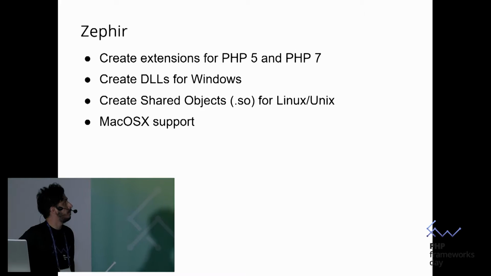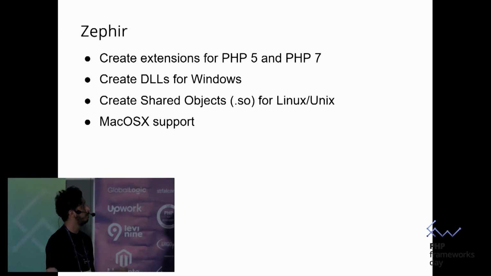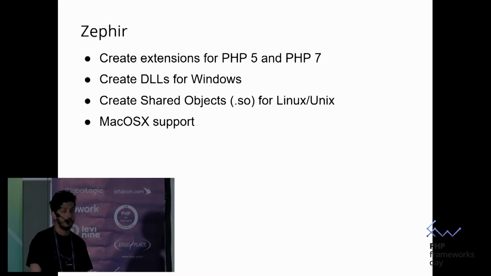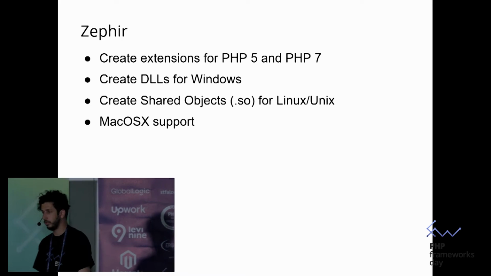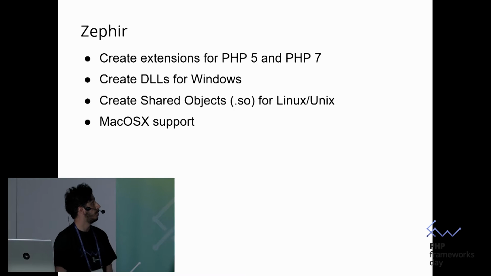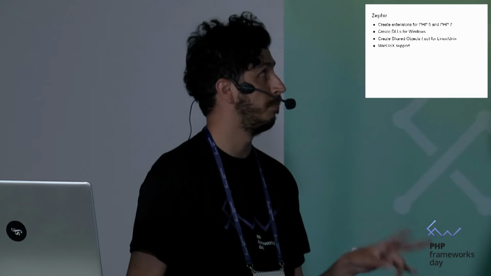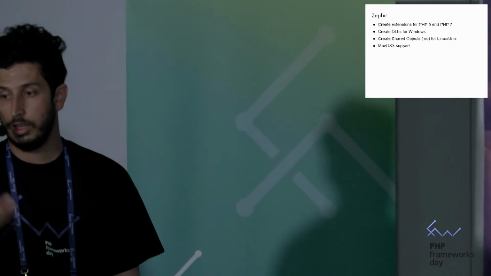Okay, so Zephir also had the ability to create extensions for both PHP7 and PHP5, which will become deprecated at some moment. But now we have the option to create optimized code for both backends.